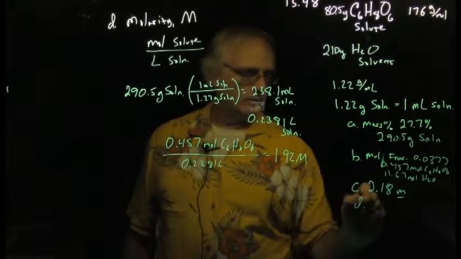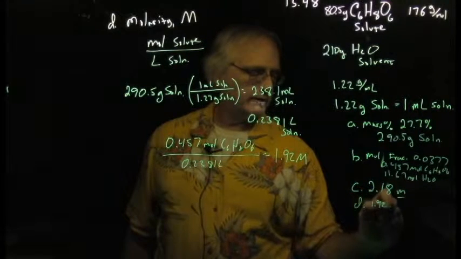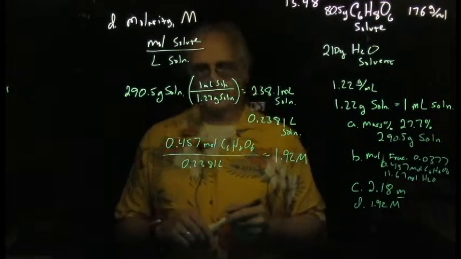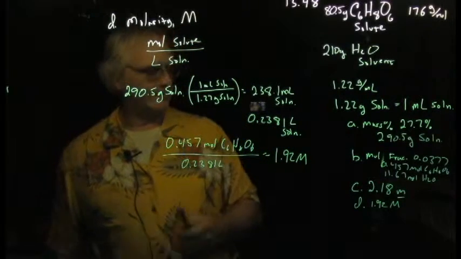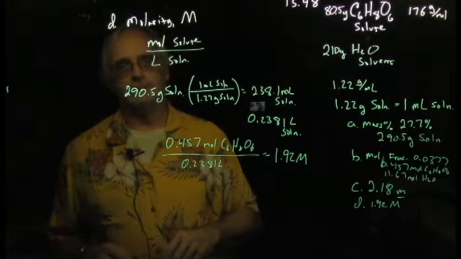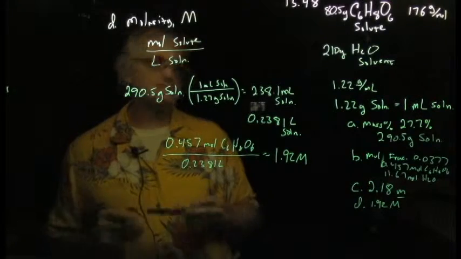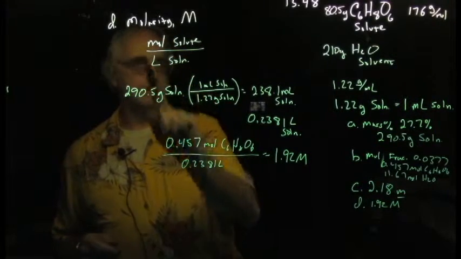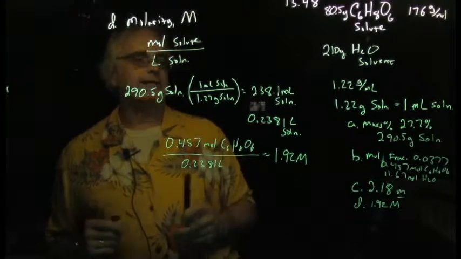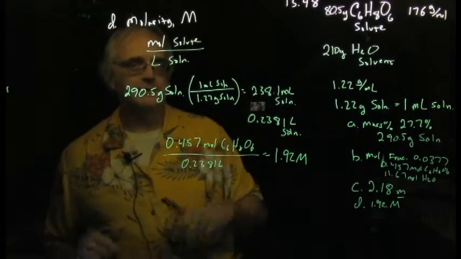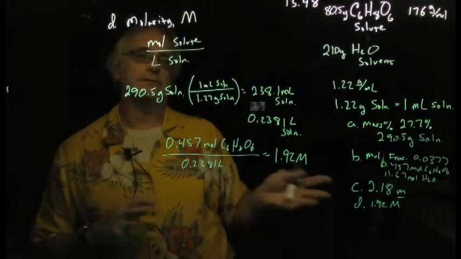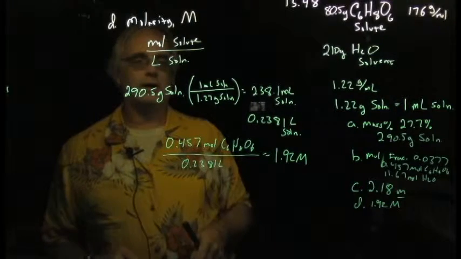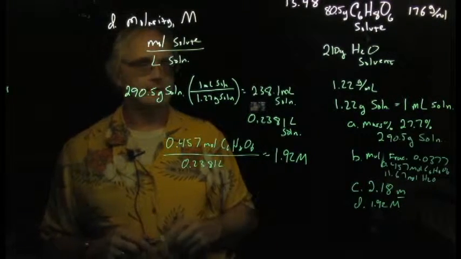Part D, 1.92 molar. Okay, so there's the molarity calculation. So there's the answer to all 4 of these. Pretty straightforward. You do need to remember your basic definitions, and then just be very careful between your solute, the solvent, solution. Make sure you write down all of that stuff on every one of these calculations.